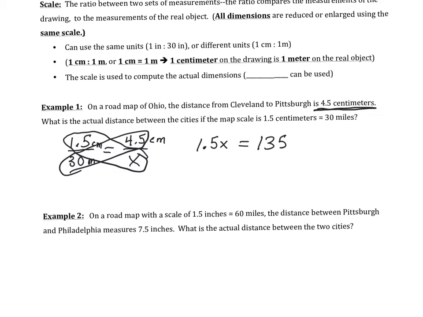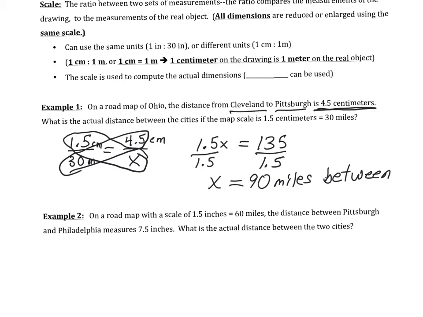And this is an equation like any other equation. We have 1.5 times x, so we have to undo that by dividing by 1.5. And we get x is equal to 90. So that means that it's 90 miles between Cleveland and Pittsburgh, which we can see here.